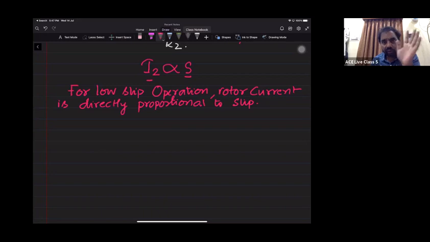Only for induction motor there is a holiday. Is it clear? Confirm me. Raise the hands. Right. Tomorrow I'm not going to come. I'm going to come on Friday and Saturday we'll have the class.